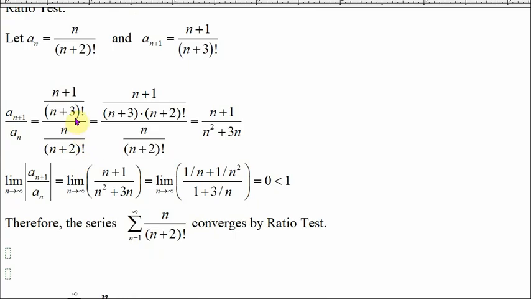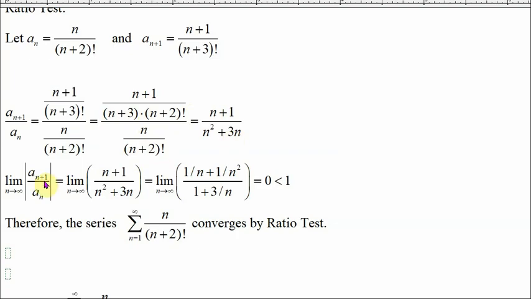And then (n plus 3) factorial is the same as (n plus 3) times (n plus 2) factorial. The factor (n plus 2) factorial and this factor (n plus 2) factorial will cancel each other out. What's left up here is n plus 1, and then we have (n plus 3) times n, and then we get n squared plus 3n.